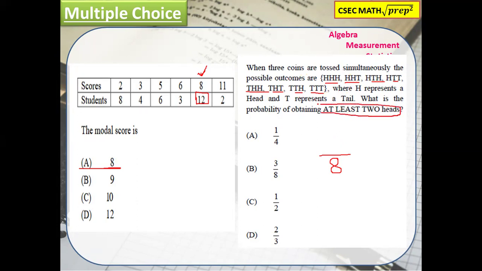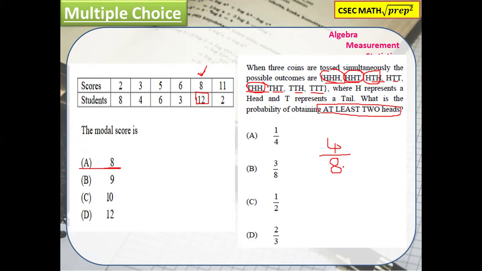Yeah, at least 2 heads. We have one here, another one, another one here, and then we have this one. So there are 4 scenarios with at least 2 heads.